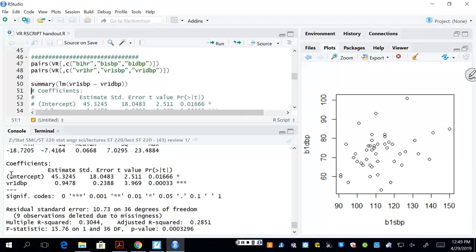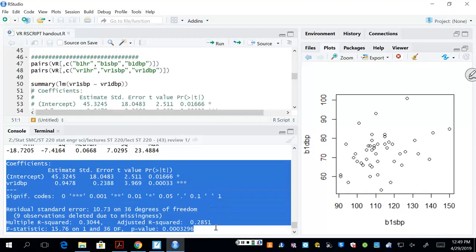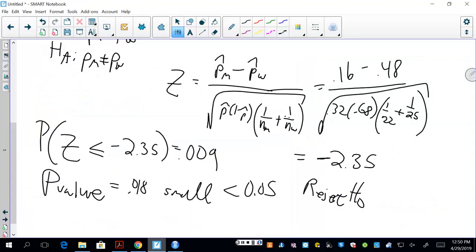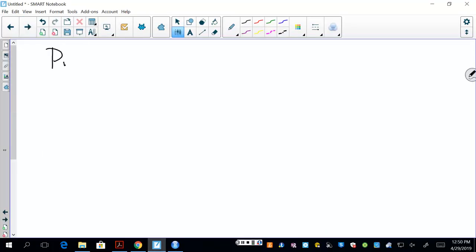If you regress one on the other, you might come up with this regression output. The type of parts that I might give you on an exam would be something like that highlighted part there. So in this regression, what would be the estimated regression slope for predicting the baseline systolic blood pressure from diastolic blood pressure?